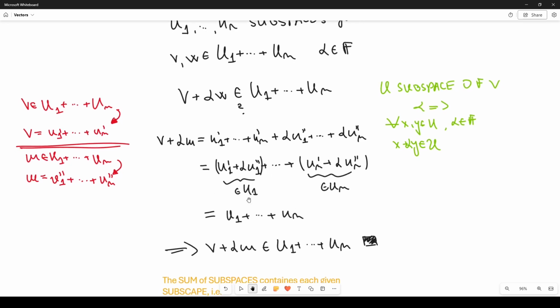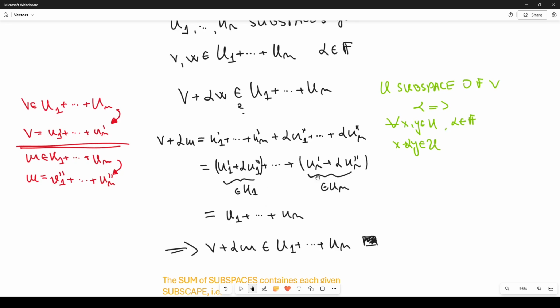So now, since U1 to Un are subspaces, this sum over here belongs to U1. And so on for all of these brackets. So all of these sums represent some vectors that belong to their corresponding subspace, U1 to Un.